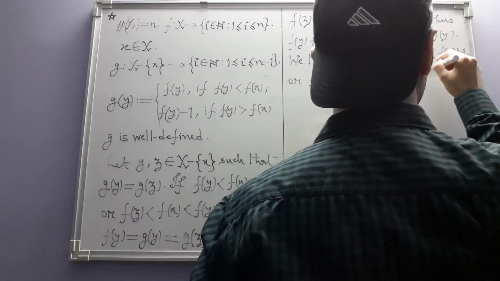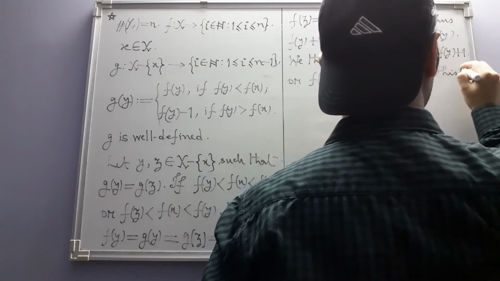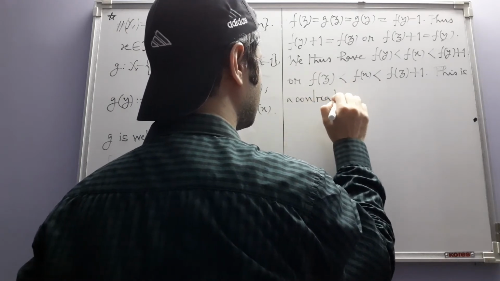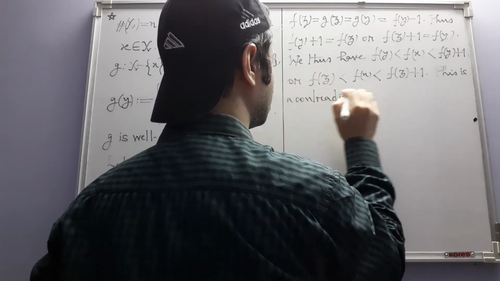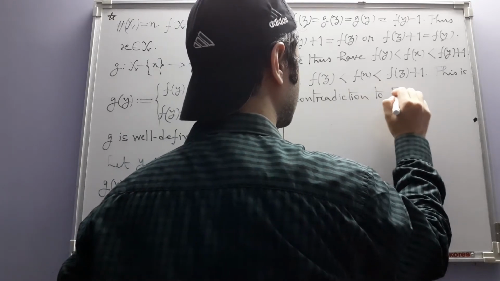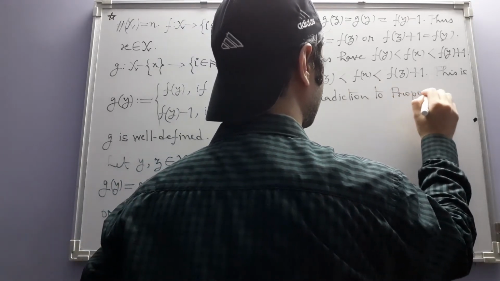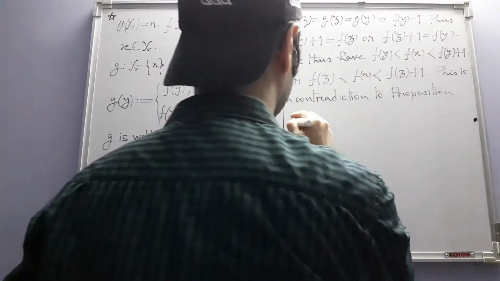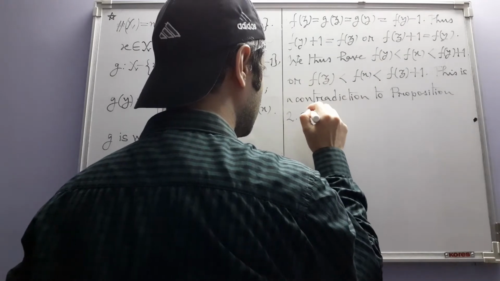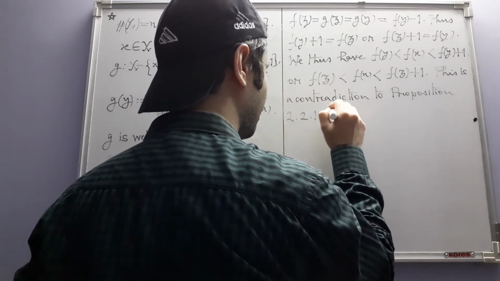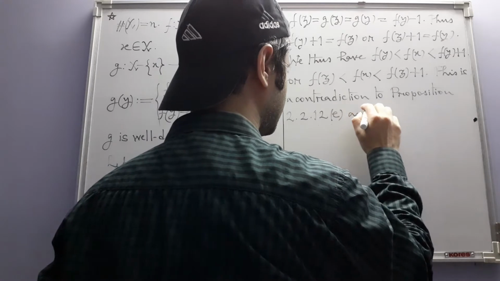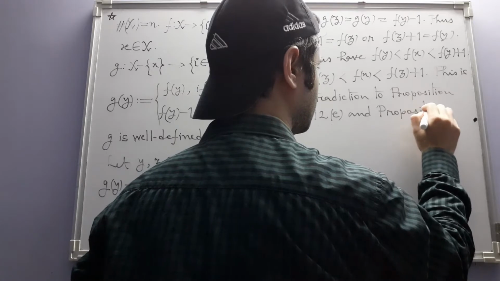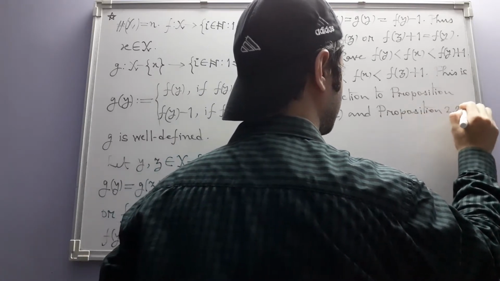And this, the fact that it's something wrong, we have to refer to something. This is a contradiction to proposition 2.12, part E of that proposition, and proposition 2.13.